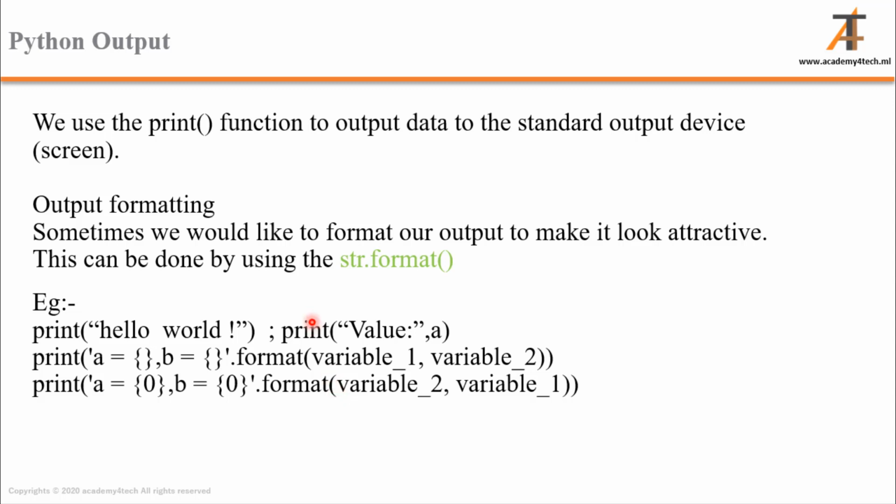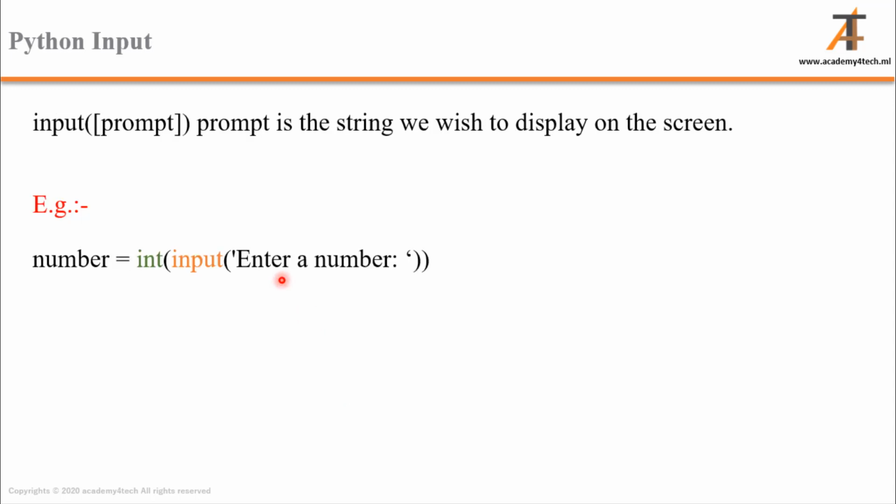So let's move on to the input statements. In Python we have the input statement, like an input prompt, for whatever the user has to enter. For example, in this example you can note that I'm asking the user to enter something, so I'm also printing that.